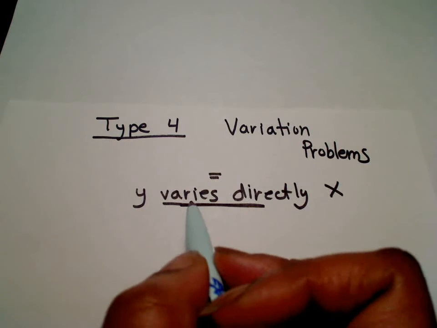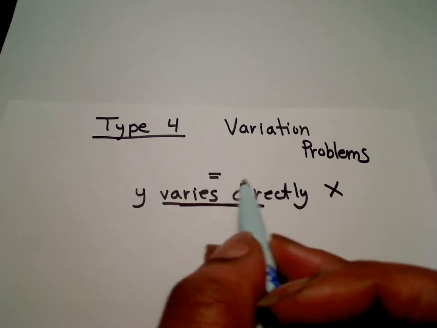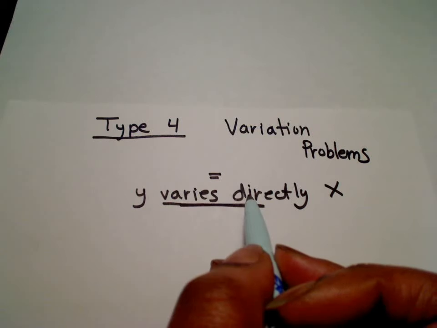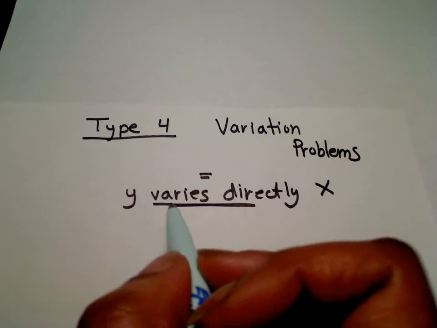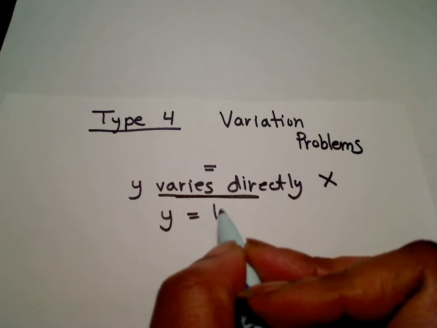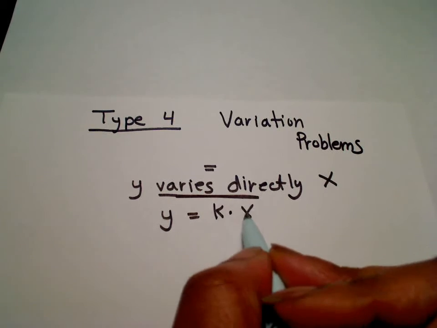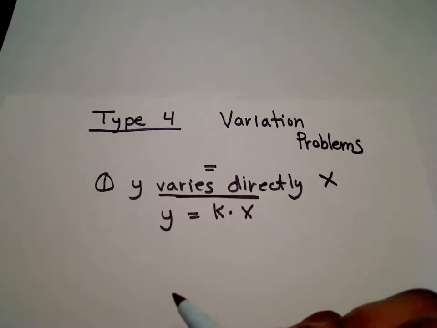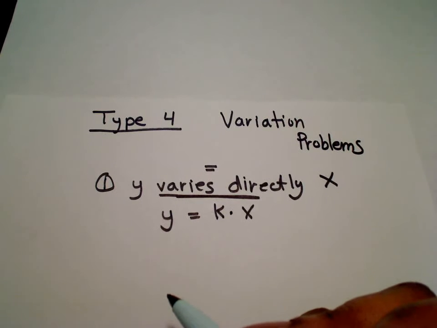Whenever you're dealing with variation problems, you will always have a constant k, which is a standard constant. Since it varies directly, it's going to be y equals k times x. That's one type of variation problem.